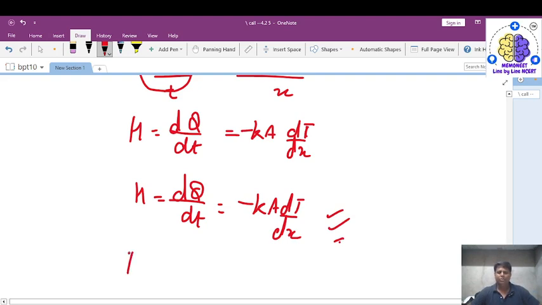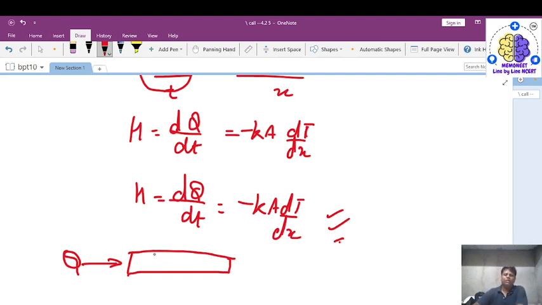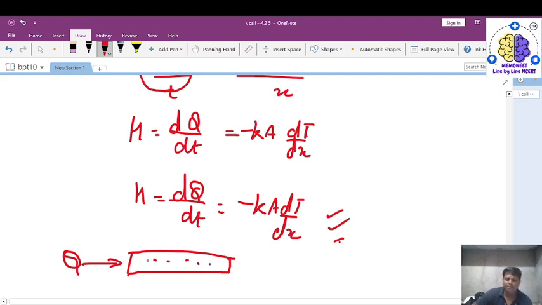Now, suppose we are heating a body. What will happen if you are supplying heat continuously? After a certain interval of time, if you check at different points in this conductor, you will find that the rate of flow of heat at every point becomes the same.